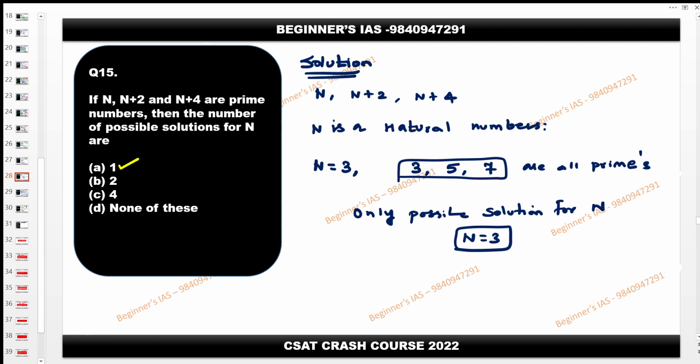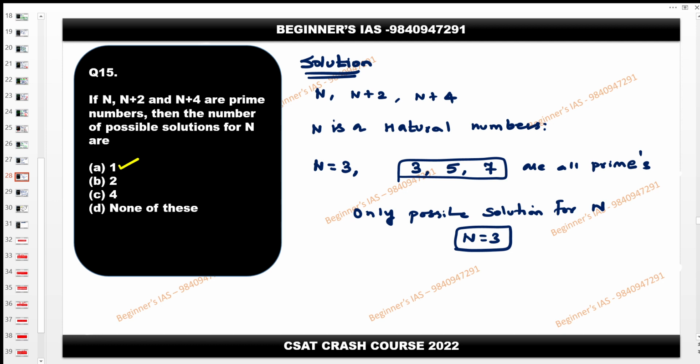Listen carefully. If n is a natural number, then automatically it will become a prime number. How? Sir, you can take 1, but 1 is not a prime number. Okay, you can take 2. 2 is also not valid. So that is why we start here with 3. If you take 3, then 3, 5, 7 are all prime numbers.